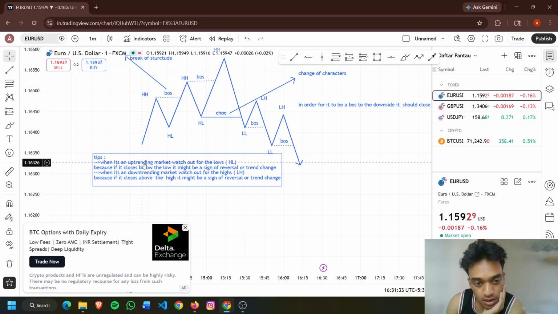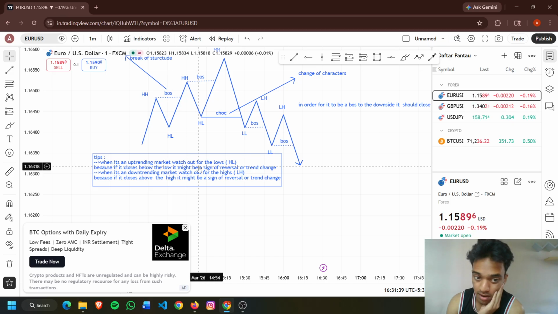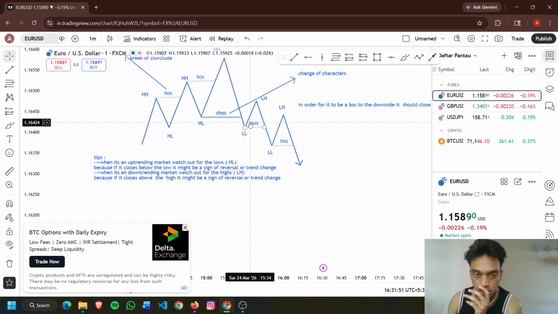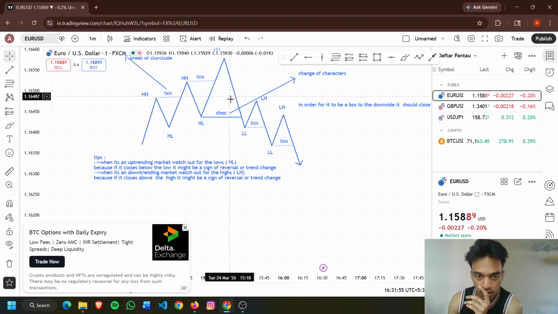When it is an uptrending market, watch out for the lows, because if it closed below the low, it might be a sign of reversal or trend change. Just don't confirm it. You should watch out for this higher low so that you can understand if it's a change of character or a break of structure.